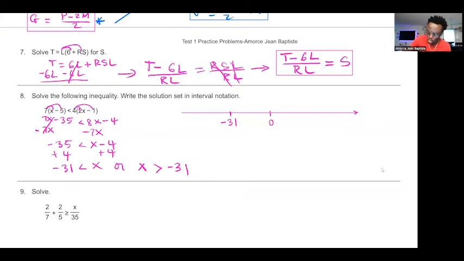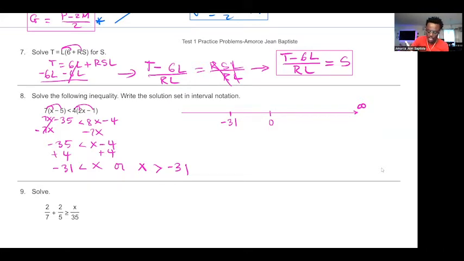And then that's going to be positive infinity. So now my inequality suggests that x is greater than negative 31. That means everything that x can be should be on the right side of negative 31.